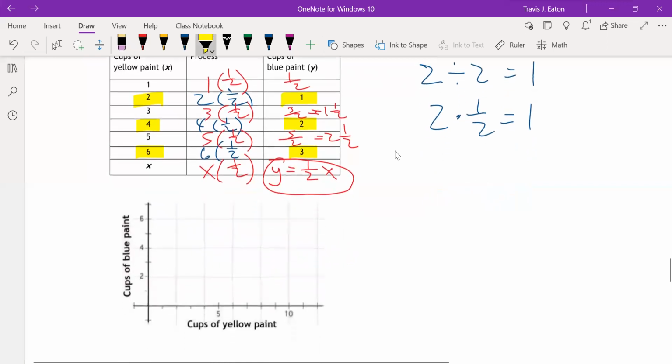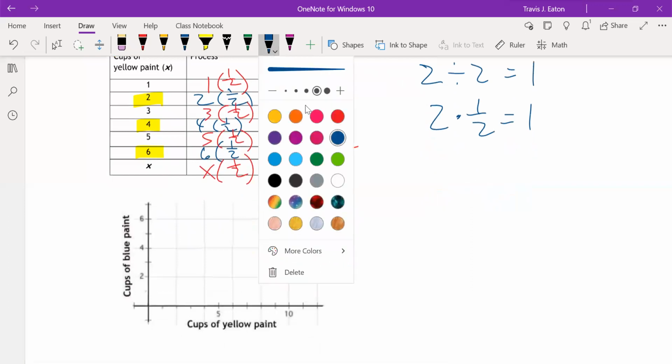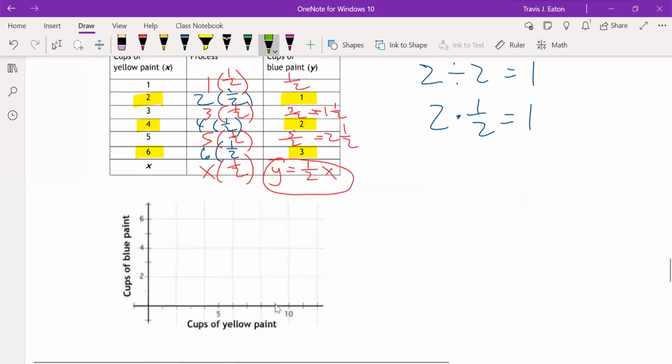Now, the next part of this is pretty easy. Let's see, is this going to give me the right size dot that I want? Yes, but probably the wrong color. Yeah, let's use light green. That'll be nice. Okay, so using this graph, we can graph the data from the table. For 1, we're going to use 1 cup of yellow paint. We're going to use 1/2 cup of blue, all right?